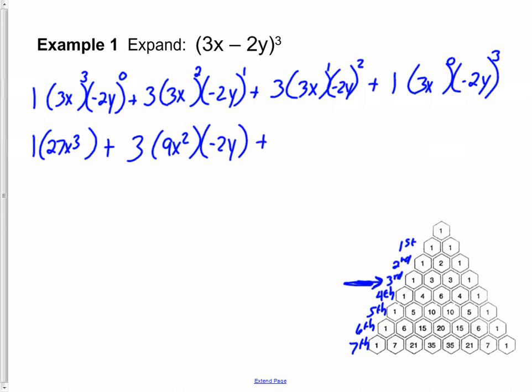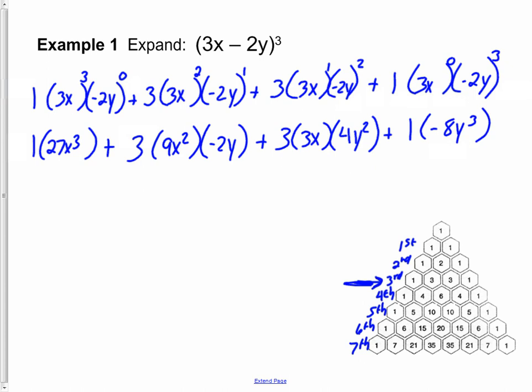And then the next one would be 3 times 3x times negative 2y all squared would be a 4y squared. And then this is going to be 1. 3x to the 0 is 1. And then a negative 8y cubed.